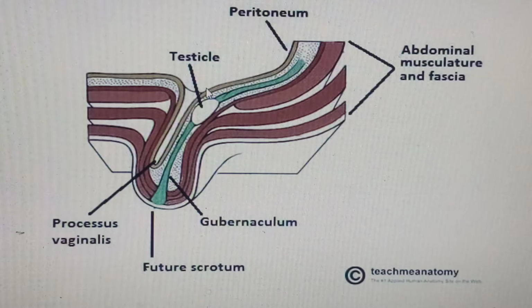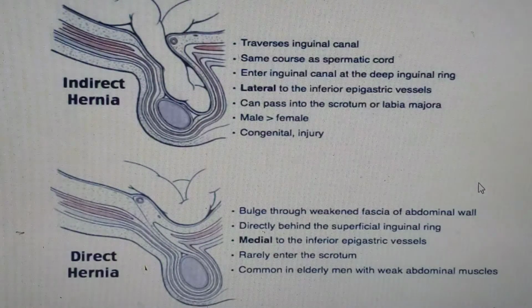Because it is in close relation and has also entered the scrotal sac, in indirect inguinal hernias the herniation of, for instance, the bowel, can enter the scrotal sac. That is what I want you to know. So that is how indirect inguinal hernias come about, being the commonest type of hernia in both males and females.